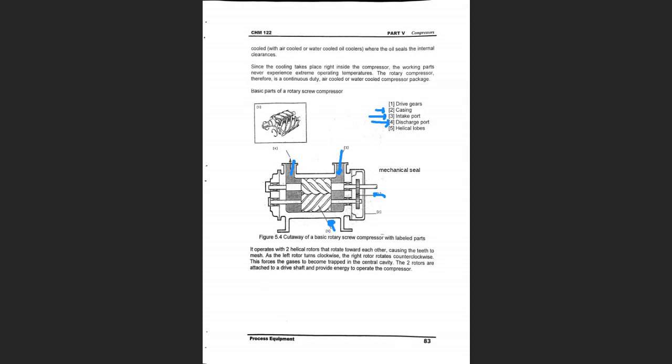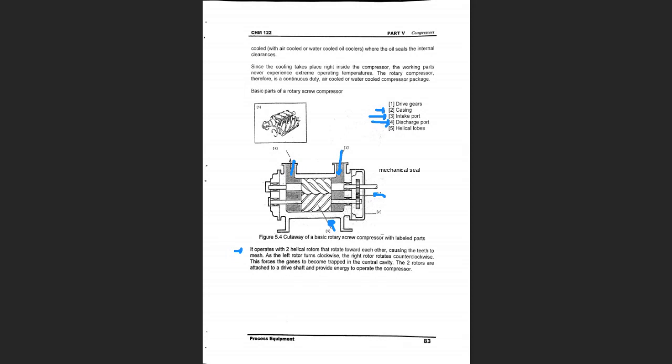So the operation, let's discuss the operation. It operates with two helical rotors that rotate towards each other. One rotates clockwise and the other rotates counterclockwise, in the opposite direction. As the left rotor turns clockwise, the right rotor rotates counterclockwise.